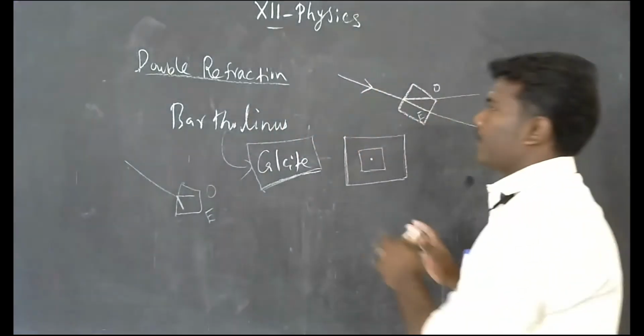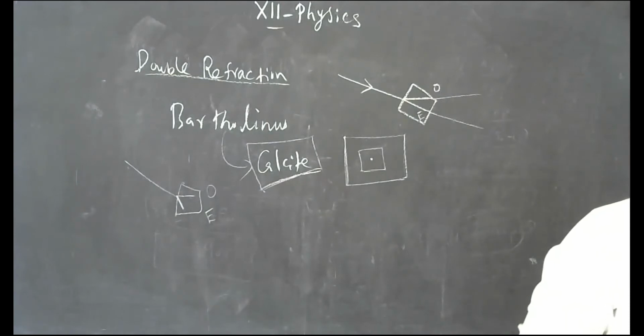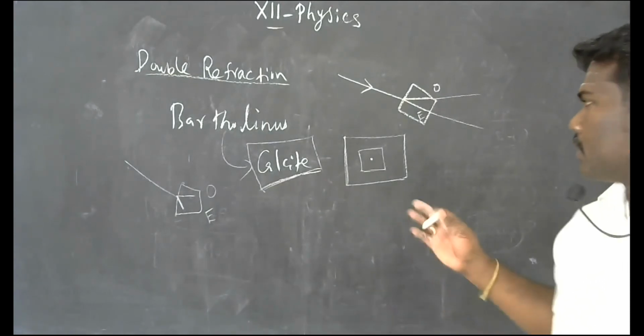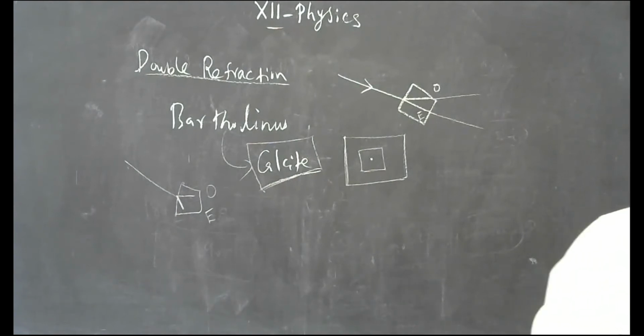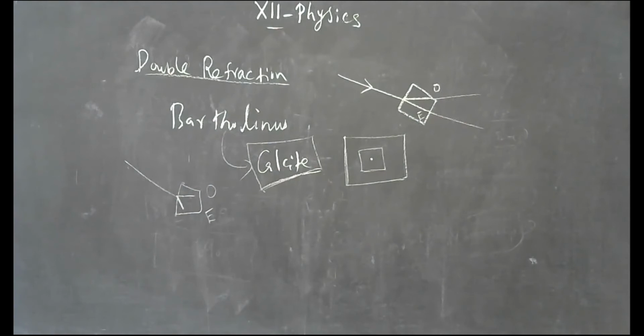So we have two different images for a single object. According to this concept, we can say that the single incident light ray is divided into two rays. One is called an ordinary ray and the other is called an extraordinary light ray.